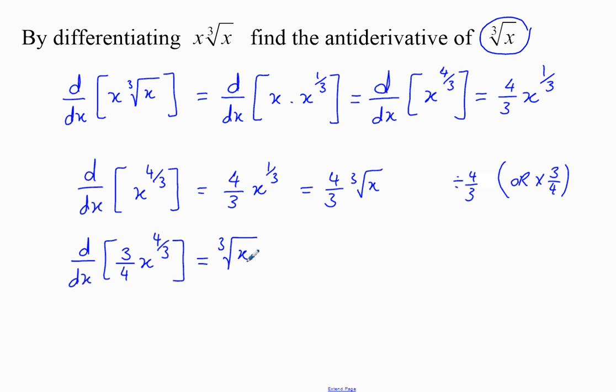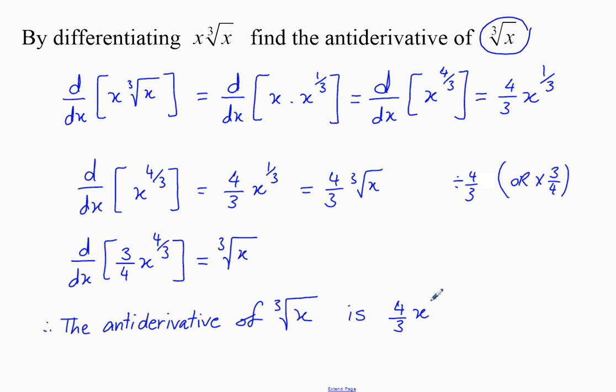So now you can say that the antiderivative of the cubic root of x is 3 over 4 x to the power of 4 over 3, or 3 over 4 x times the cubic root of x.